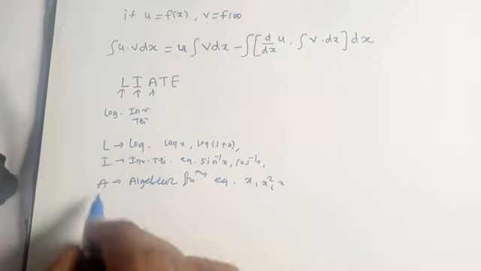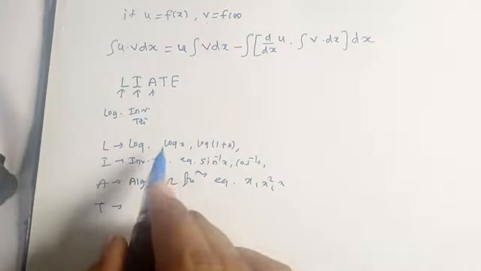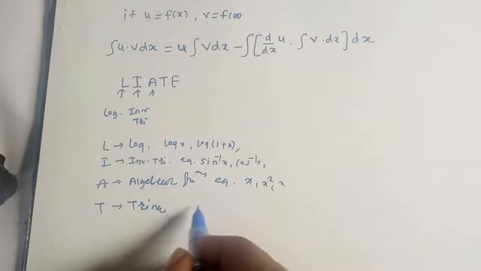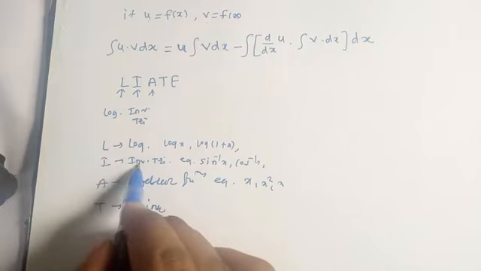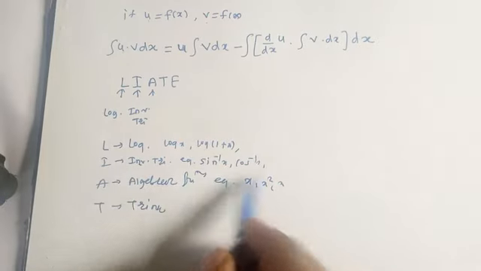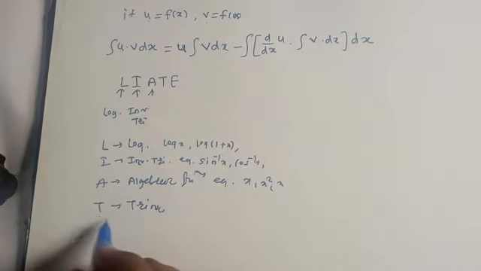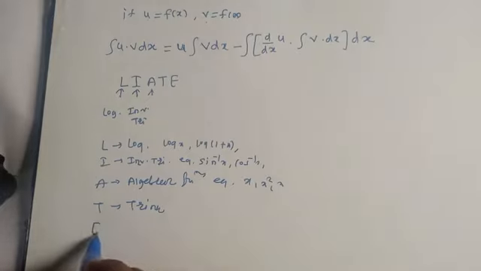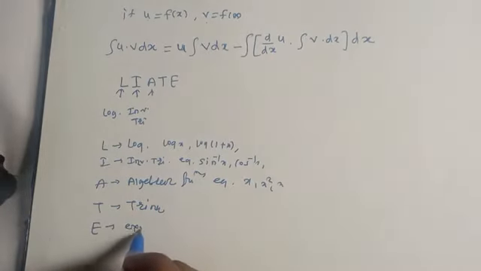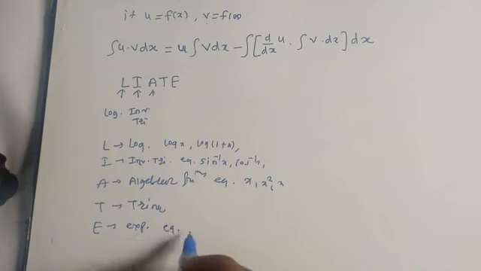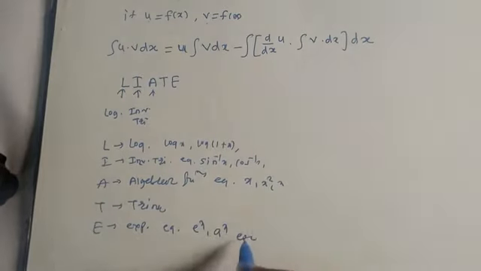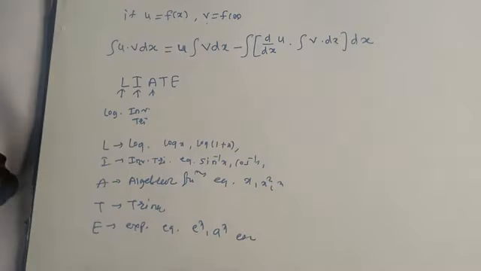Then the T stands for trigonometric functions, that is sin x, cos x. Here I means inverse trigonometric, that is sin inverse, cos inverse, tan inverse, and this T means only trigonometric functions, that is sin x, cos x, tan x, sec x, or cosec x, any one. And last, E means exponential functions, for example e raised to x, a raised to x, etc.